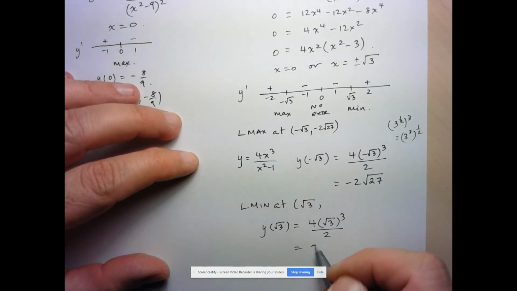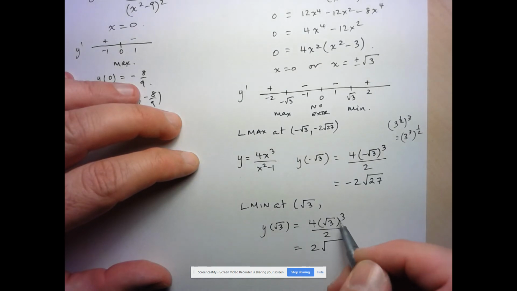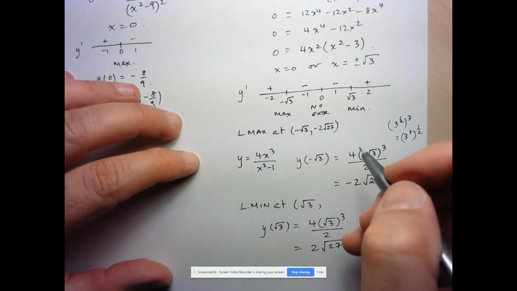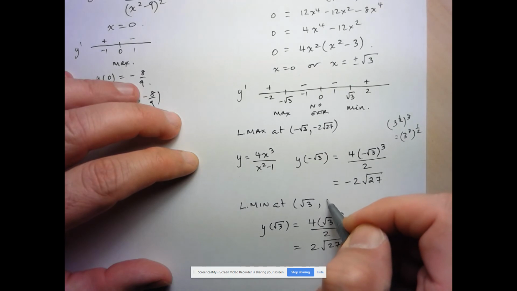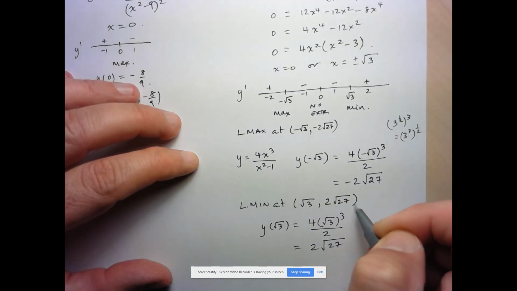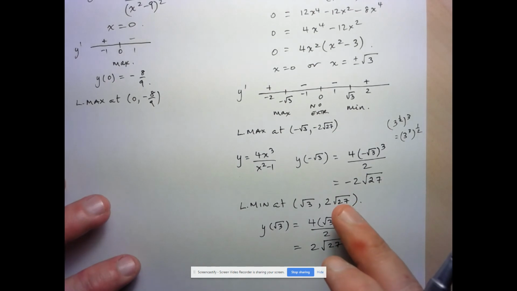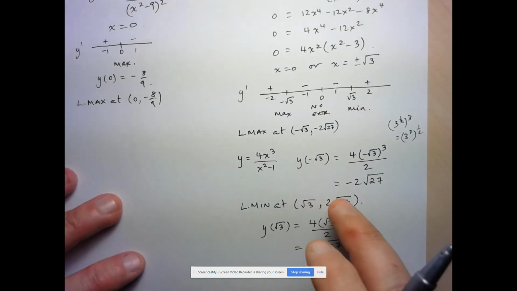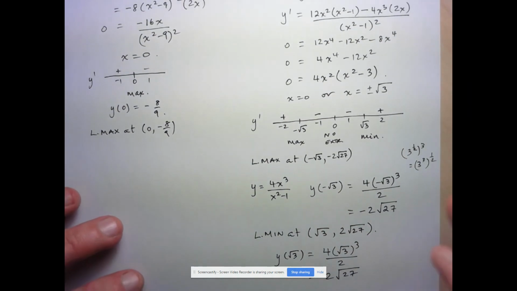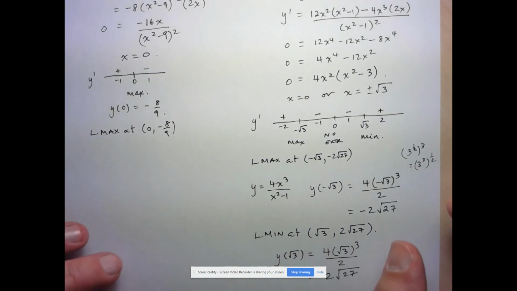So again, I'm just left with positive 2 times the square root of 3 cubed, which is 27. So this is going to be positive 2 times square root of 27. Okay, that didn't end up being as bad as I thought it was going to be. But again, if I was just graphing these, I would have definitely just found approximations. But since they actually just asked for the local extrema, I should be giving exact answers.